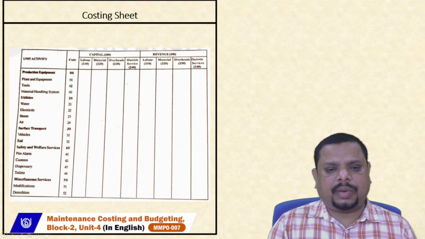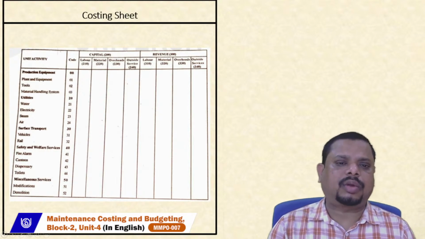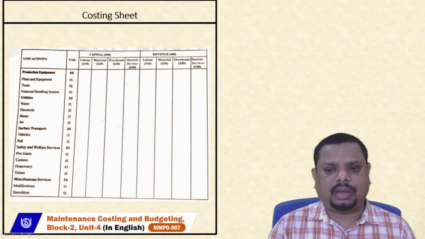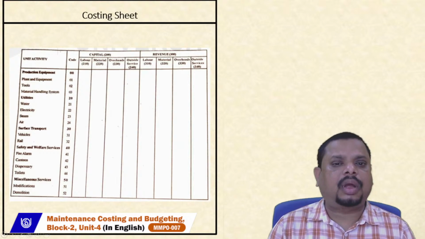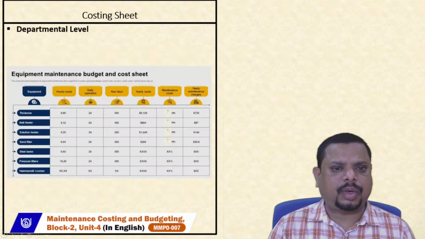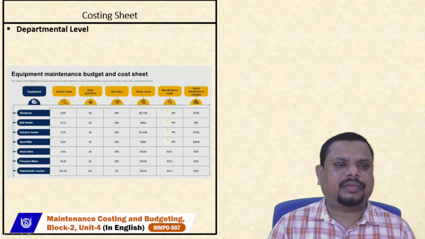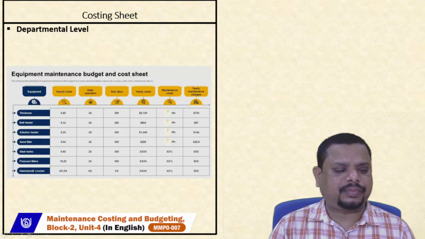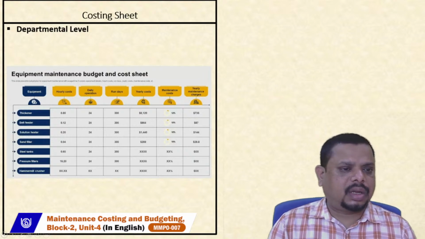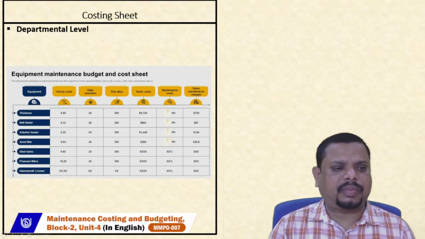And whenever it is communicated from the functional level to the middle level and middle level to the top level of management, they can easily understand the different aspects of maintenance cost involved, department, sub-department and division wise. Next one. If you go for department levels, especially those focused upon budgeting and costing, for example, take the case of the mechanical maintenance department.